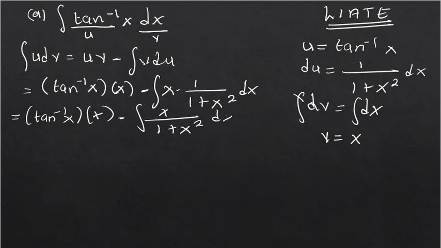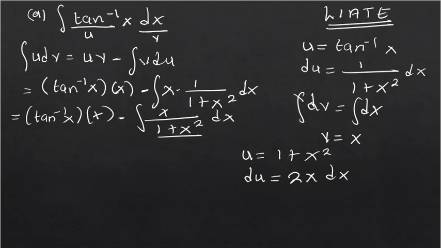dx. From here, notice that I can set this equal to u. So I'll say that u will equal, that is the u substitution, 1 plus x power 2. Notice how my du becomes 2x dx.